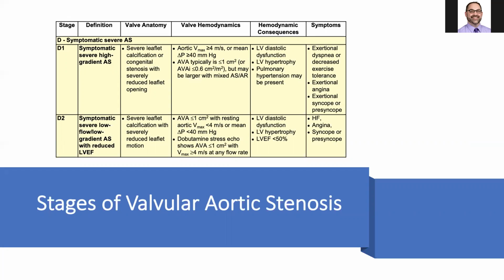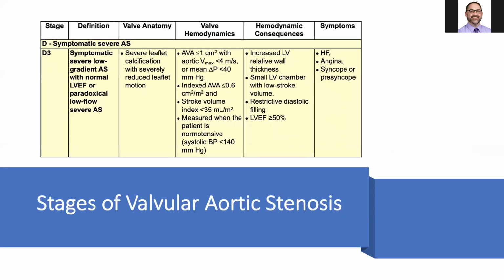So again, sometimes an echo or cardiology will list in their valve report that the patient has D1 aortic stenosis. So what does that mean? That means they have a significant abnormality with a valve area less than 1 centimeter squared and have symptoms: exertional dyspnea, angina, pre-syncope.